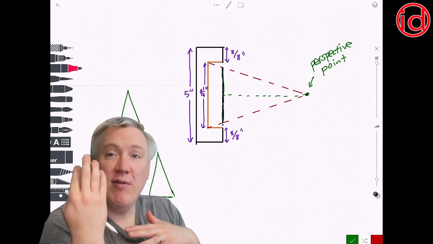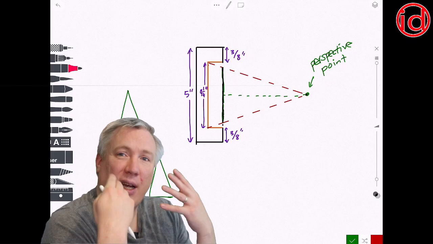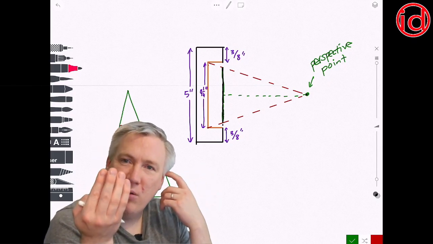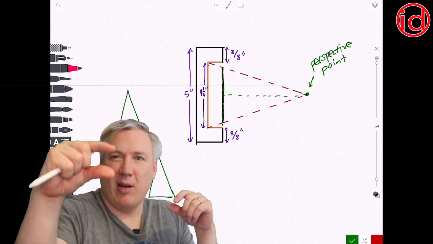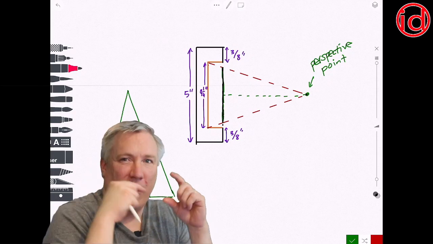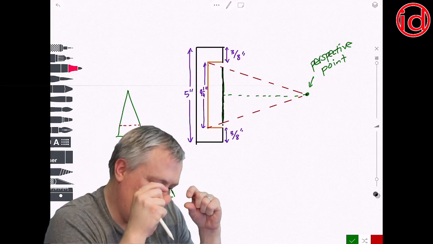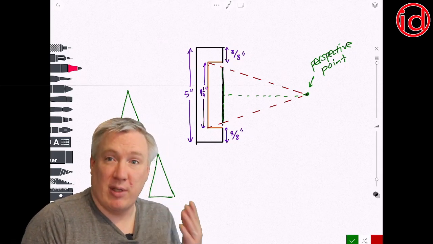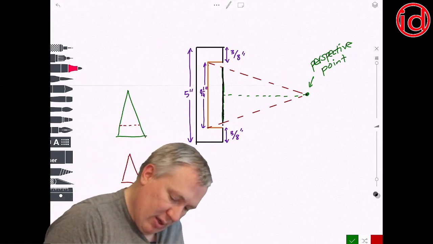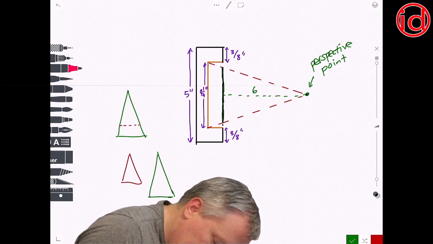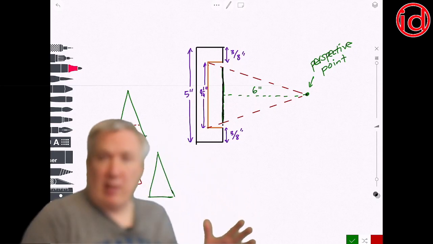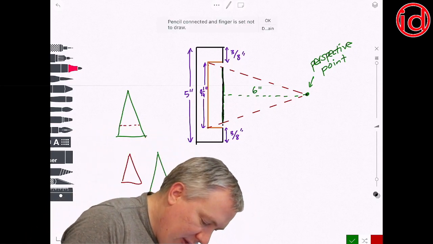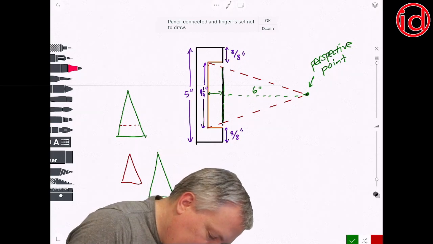Now, for the sake of drawing it, the shorter the distance, the easier it's going to be to draw a perspective, because then you don't end up with these super tiny, thin distances. So I'm going to pick a distance of looking at it from 6 inches away, which is really close. So I'm going to write in here that this is 6 inches. From our previous work, we know that the depth of this is just 1 inch.